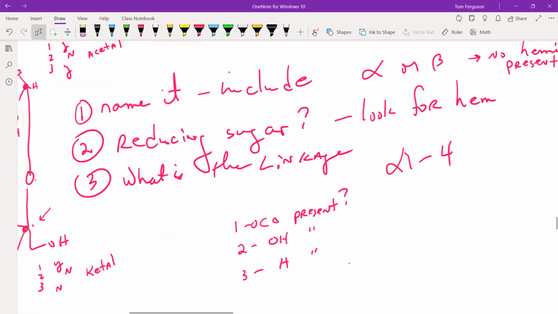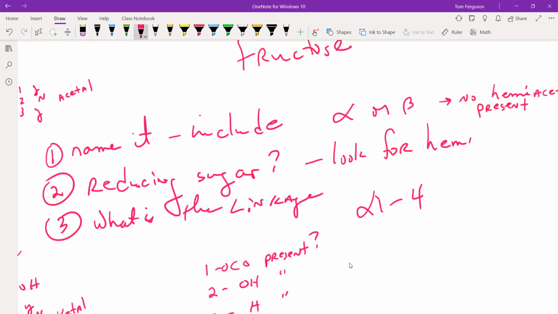So is this a reducing sugar? No. That's correct. It's not a reducing sugar because there's no hemiacetal present. Why? No hemiacetal.